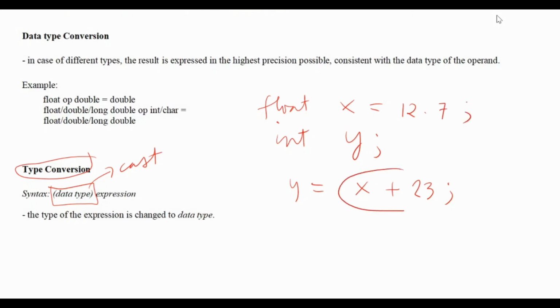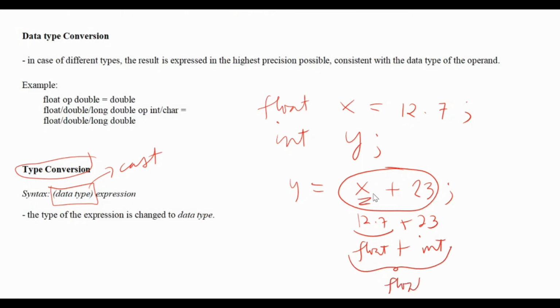So what is this equal to? It is 12.7, the value of x, plus 23. This is float type plus integer type. What is the data type of the result? It is, of course, float, the one with the highest precision. And what is that exact value? 12.7 plus 23 is 35.7.